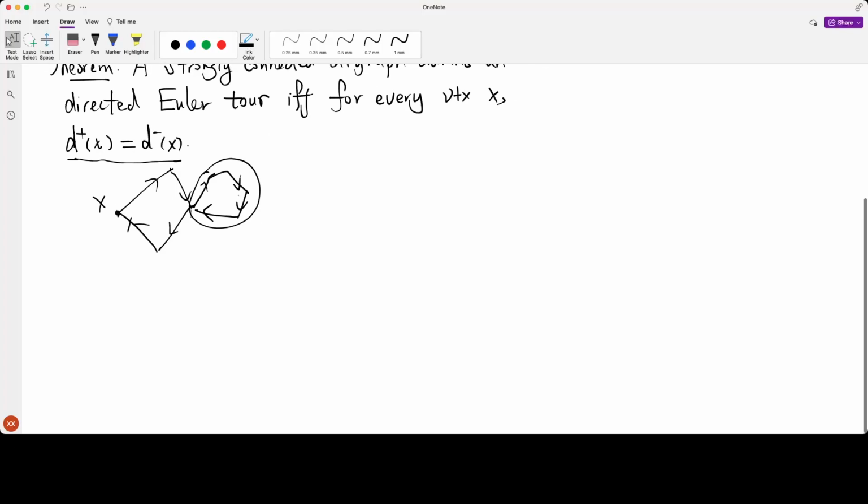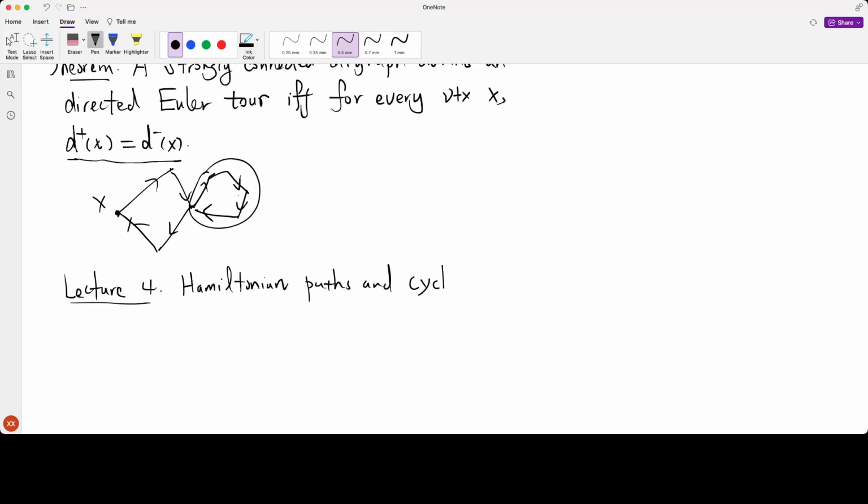Okay, so today we will talk about something different, and it looks very similar. So lecture 4, we talk about Hamiltonian paths and cycles. So the purpose now is different.